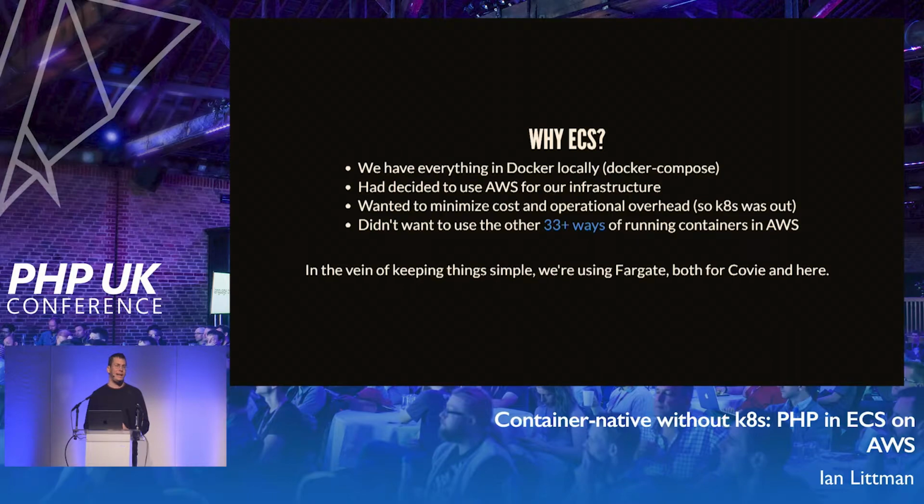In addition, I didn't want to, at least to start with, run actual servers, virtual machines, EC2 instances to run my code. I wanted Amazon to just handle that for me. So on our production environment, as well as in this live demo masquerading as a presentation, we're using Fargate, where Amazon just provisions VMs in the background and lets you use them a quarter core and 512 meg of RAM at a time to run applications.